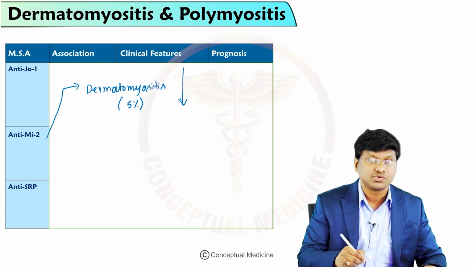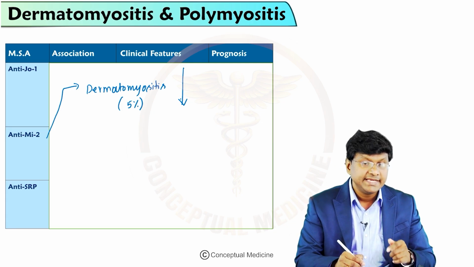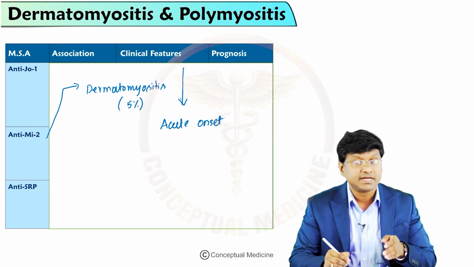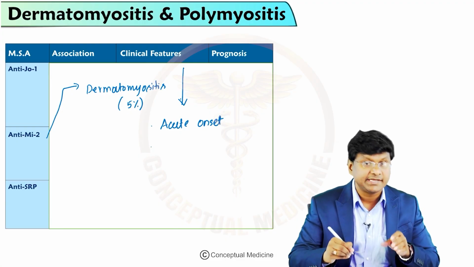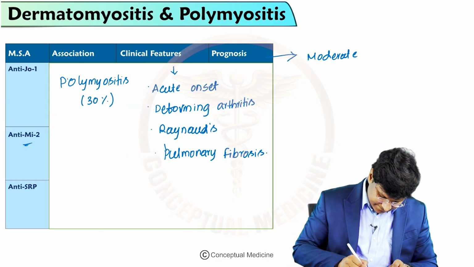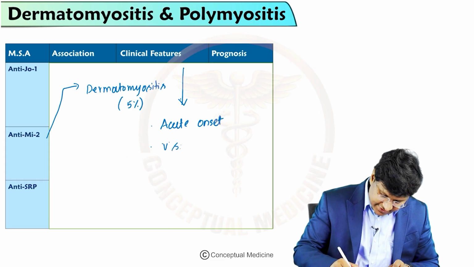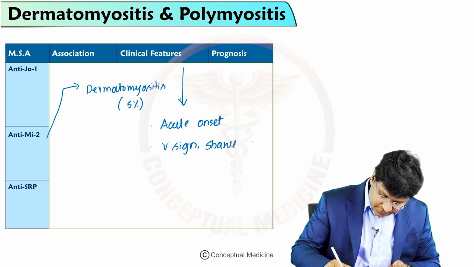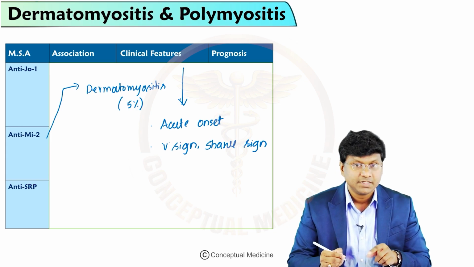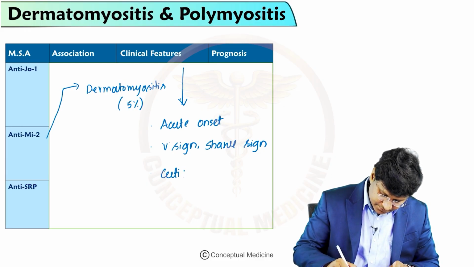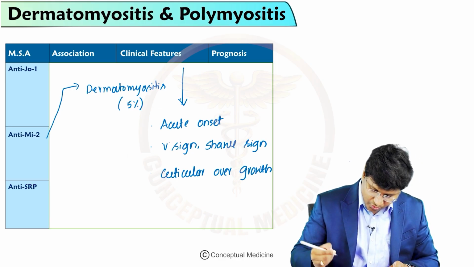Even this anti-Mi2 associated disorder is relatively acute in onset, and you have the characteristic dermatomyositis rash, that is, the presence of the V sign and the shawl sign, and there is also cuticular overgrowth.